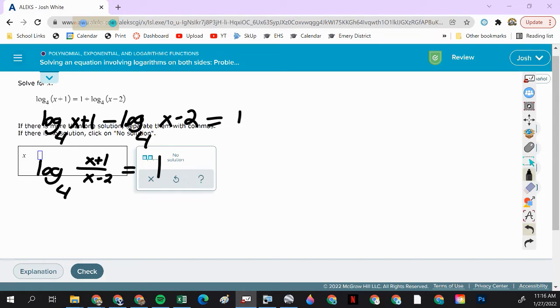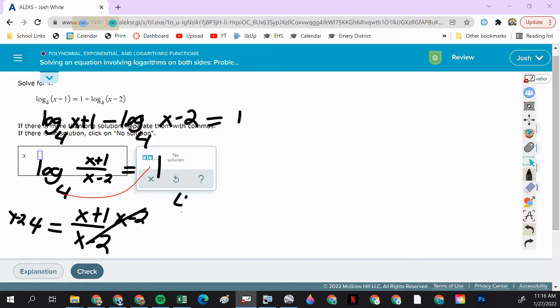Now that I have a single logarithm, I can convert to exponent. So 4 to the first is x plus 1 over x minus 2, times by x minus 2. You guys are getting the hang of this.